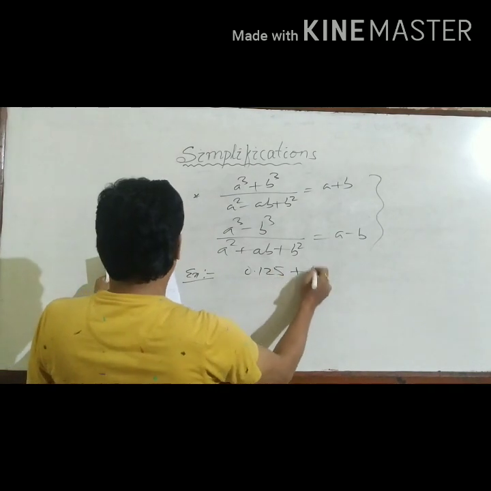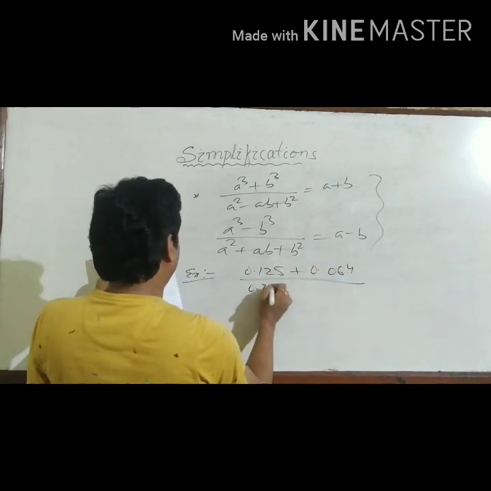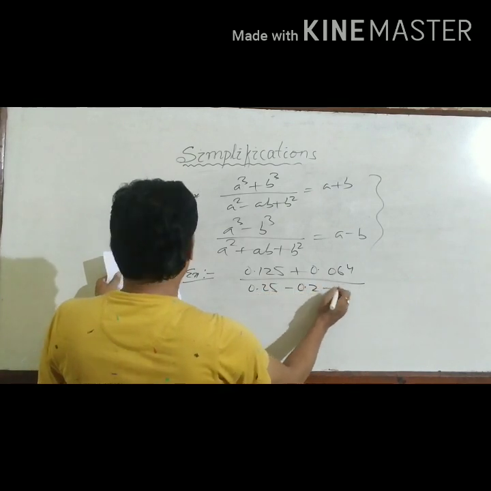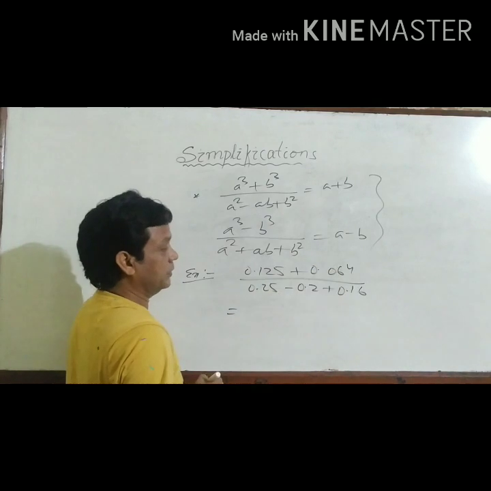(0.125 + 0.064) divided by (0.25 - 0.2 + 0.16). It seems very complicated.